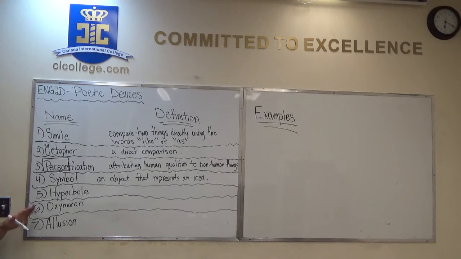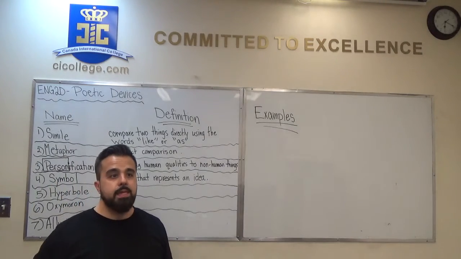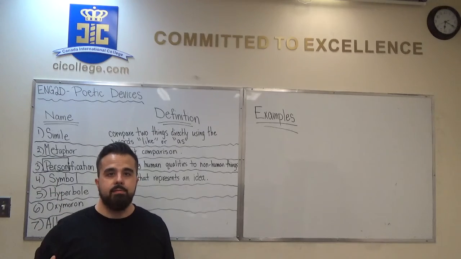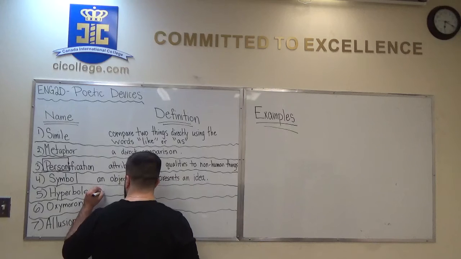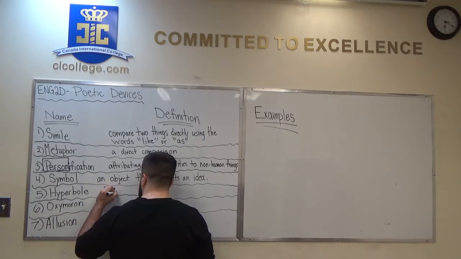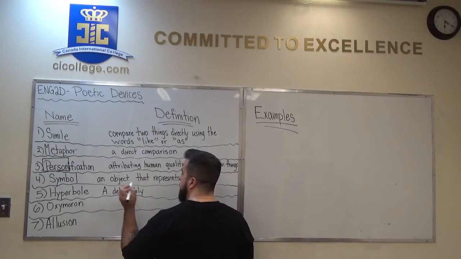Alright, next up, number 5 is called hyperbole. Hyperbole is like exaggerating, making something seem more than it really is for effect. You could call it a deliberately exaggerated statement. Deliberately means on purpose.